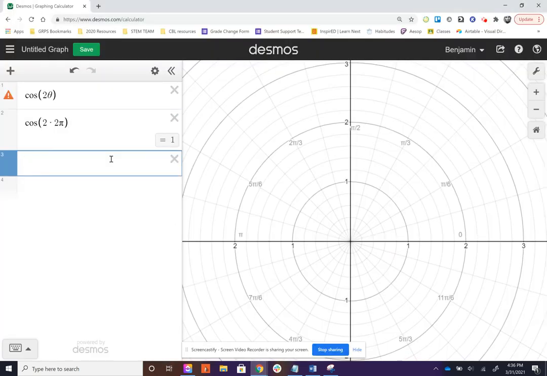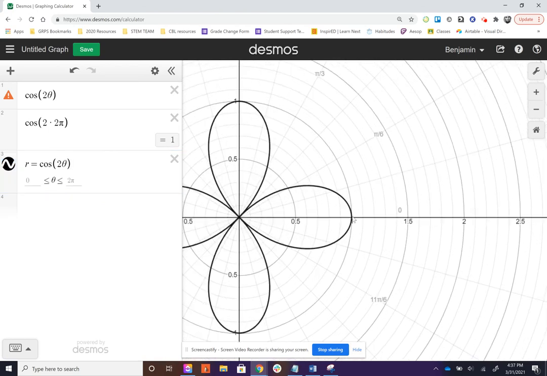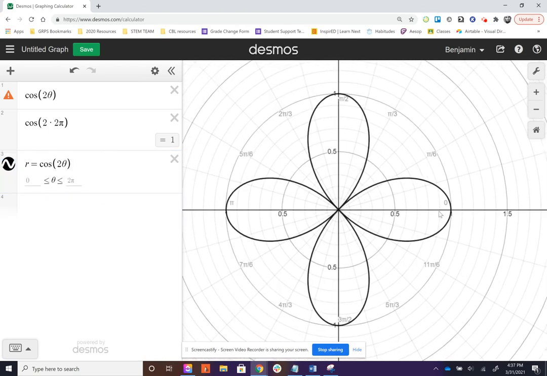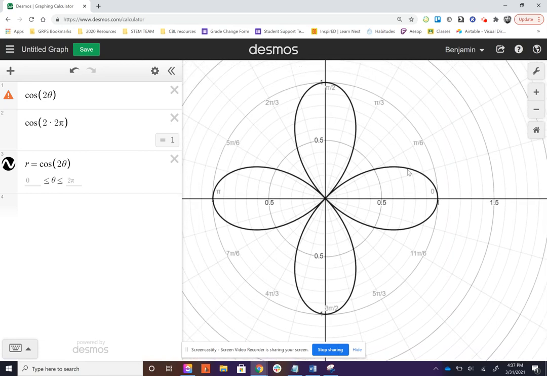And so if I plot r equals cosine of 2 theta, there we go. You'll notice that we come out to 1. And we start off over here at 0. And as we go around the circle, we go down.